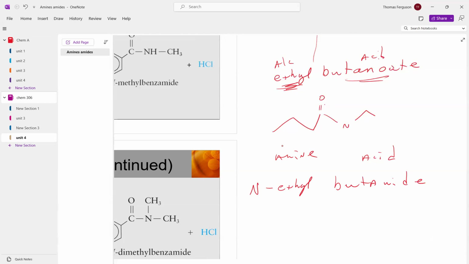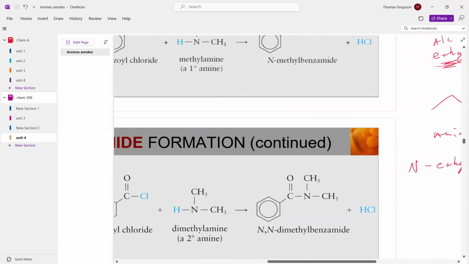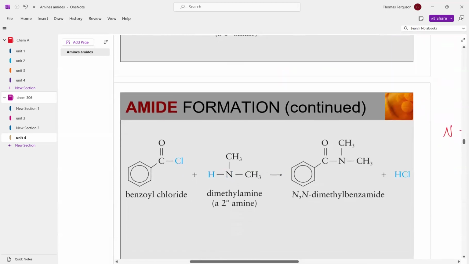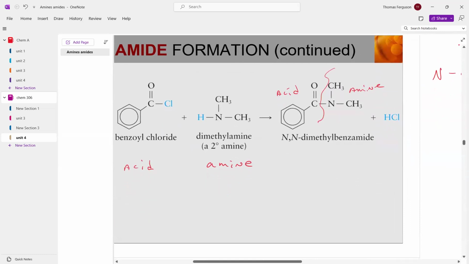Now, so N-ethyl butamide. So that's what they're doing over here. So when we name this, this has 2 branches off the nitrogen. So we have to go N,N-dimethyl benzamide.